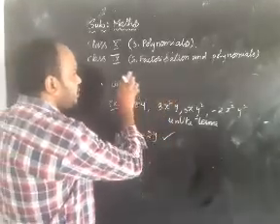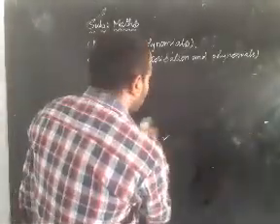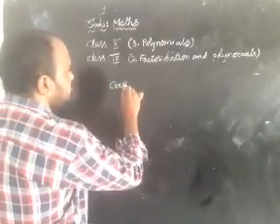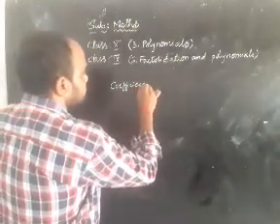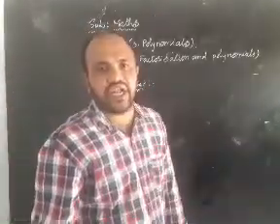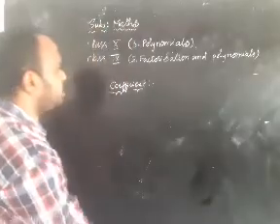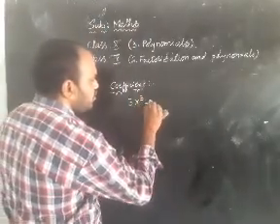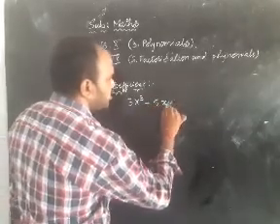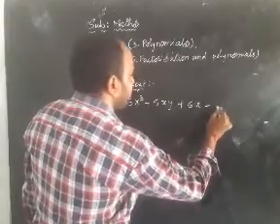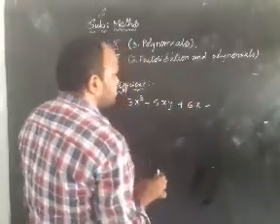Next, our topic is coefficient. A coefficient is a constant that is written along with the variables. For example, see here 3x cube plus 5xy plus 6x minus 2.